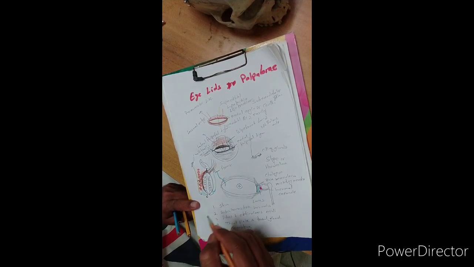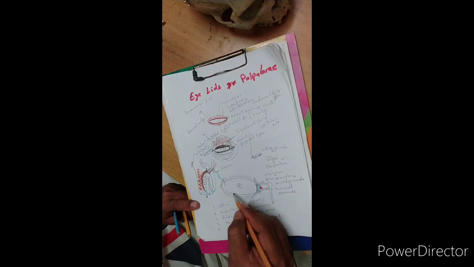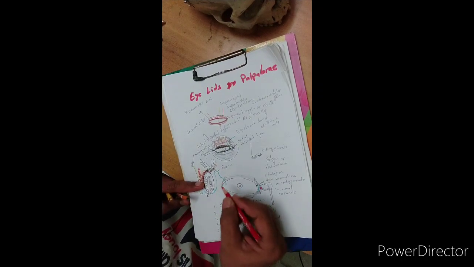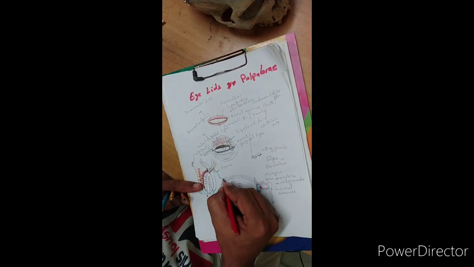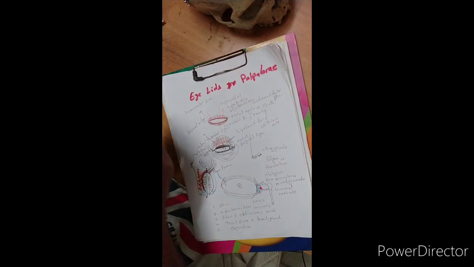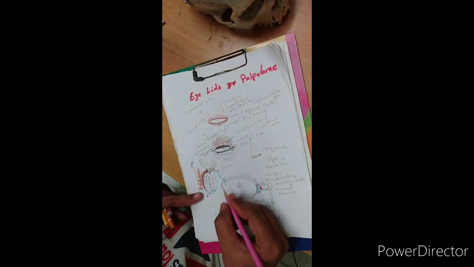Here, in between the lower eyelid and the lower part of the eyeball or the sclera. There is an opening of the lacrimal gland at the lateral part of the conjunctival sac here, just see the pink color.